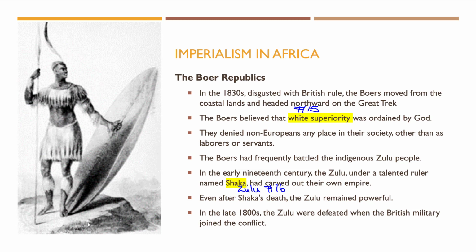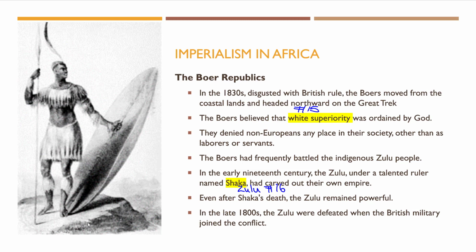One particular talented, extremely intelligent leader of the Zulu tribe, his name was Shaka, was able to carve out their empire. He was able to keep the Boers at bay and keep them away from colonizing his area.